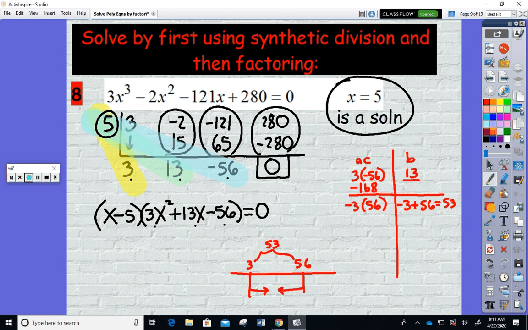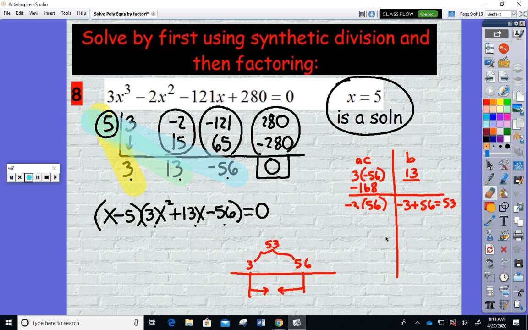So the 3 needs to get bigger, and the 56 will naturally get smaller. So there's no point in checking like 1 times 168 or 2 times, because now I know to go in the direction of making the 3 bigger.